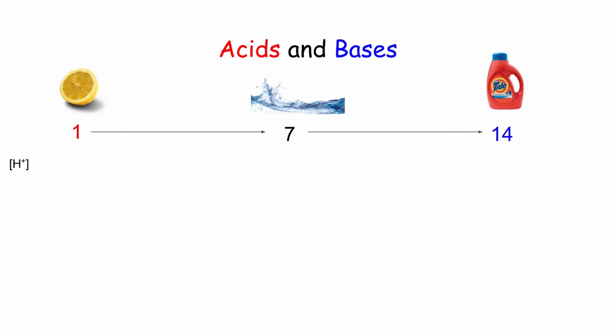Now remember, pH is really measuring the hydrogen ion concentration. So which of these 3 solutions, a pH of 1, pH of 7, or a pH of 14, would have the highest hydrogen ion concentration? That is correct. Your pH of 1 will have the highest ion concentration, and your pH of 14 would have the lowest hydrogen ion concentration.